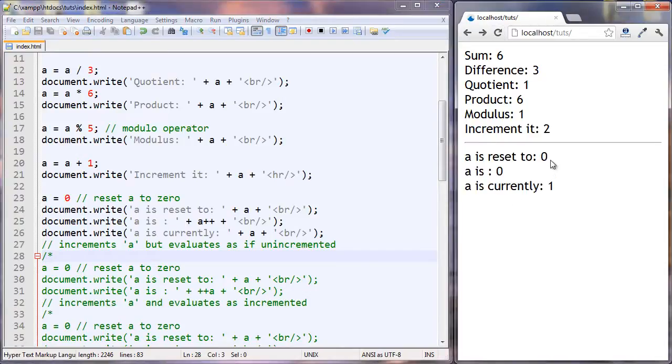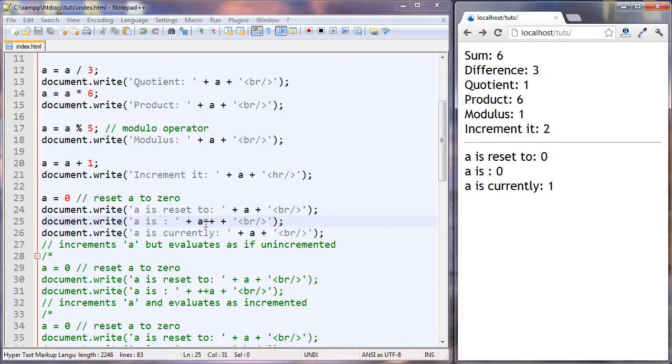Alright, so A was reset to 0. Then what we're doing is we're checking A here. So here we did A++. And what I said was A++ was going to increment A by 1. Okay, and it did. Here this incremented the A by 1, which we can see here. Okay, so why is it 0 here and why is it not 1?